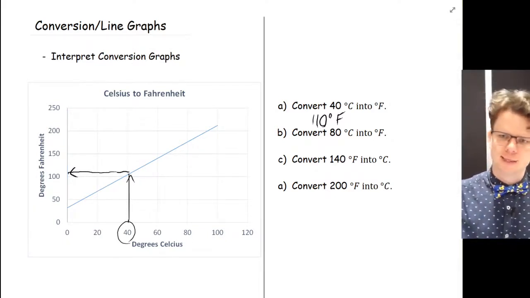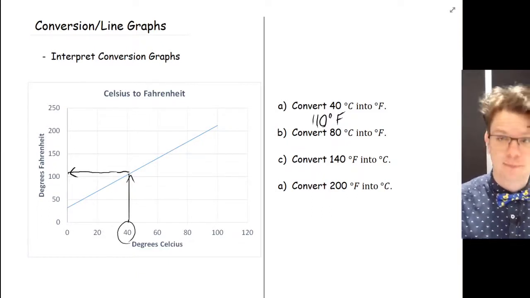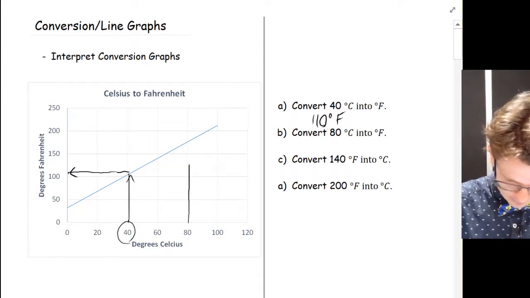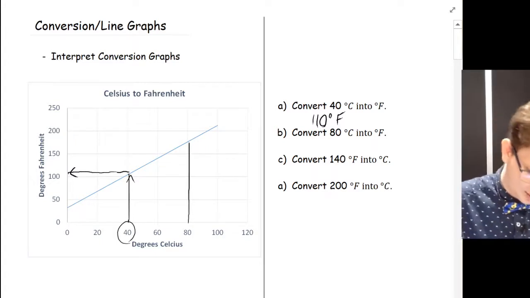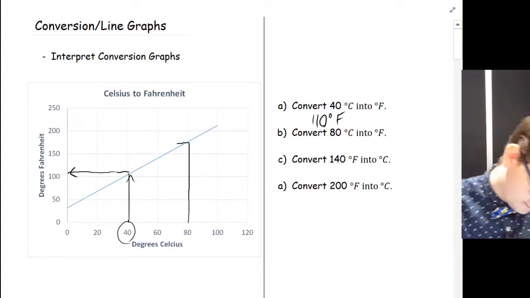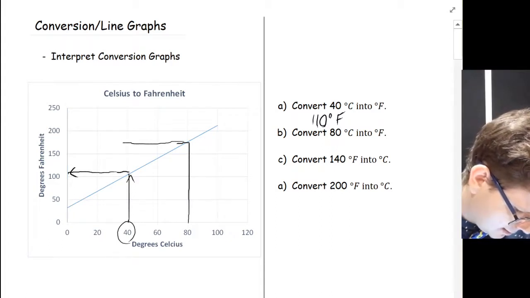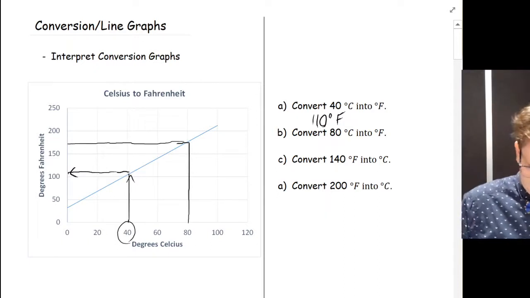Alrighty, so the next one's going to be 80 degrees Celsius. Let's do that again. I'll show you it again. It'll look quite similar. Okay, so we've hit the line. Now I've got to go across. Try your best to stay as straight as you can. See, I'm having a bit of trouble with it.